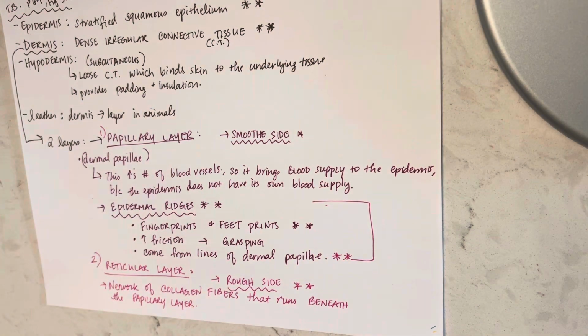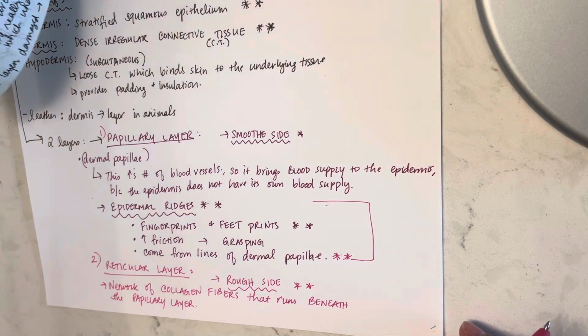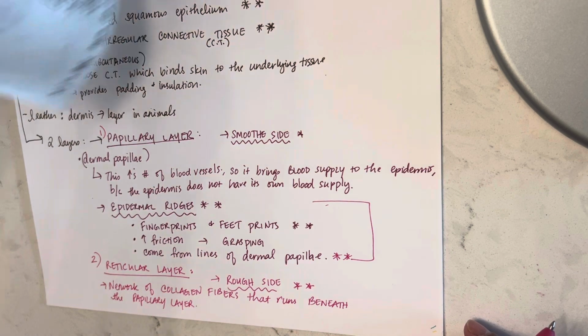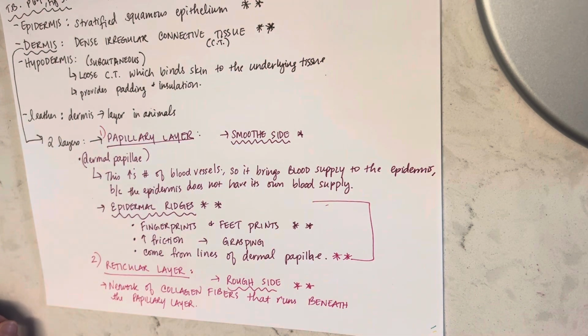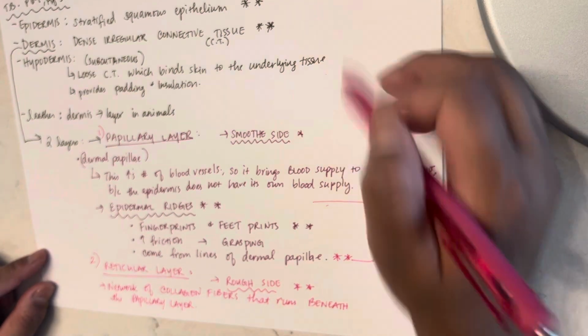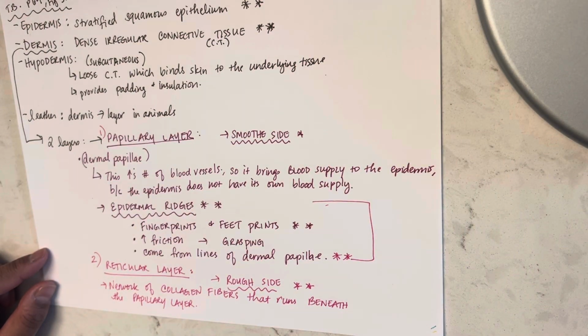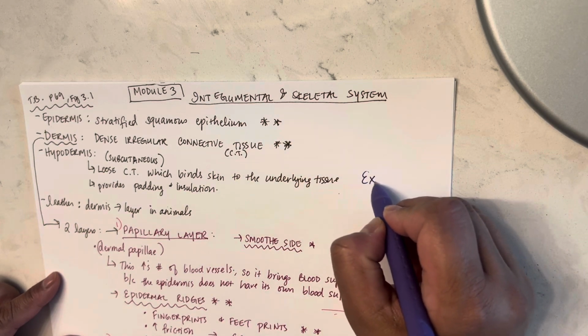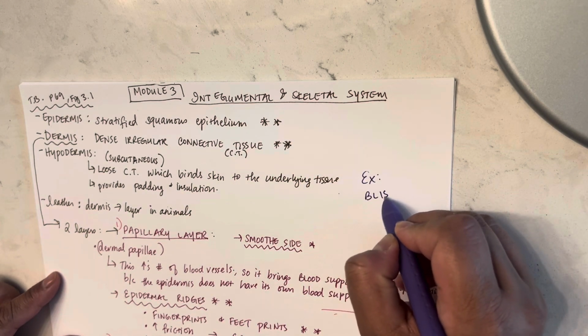Okay. Now, another example I wanted to talk about, I mean, this is going to continue in another lecture, to be honest, and it'll have a review of this as well. But one thing you should know is, so let's talk about a blister, okay? Everyone's had a blister from time to time, right? So an example, let's talk about a blister.